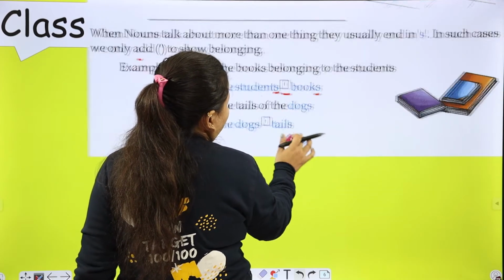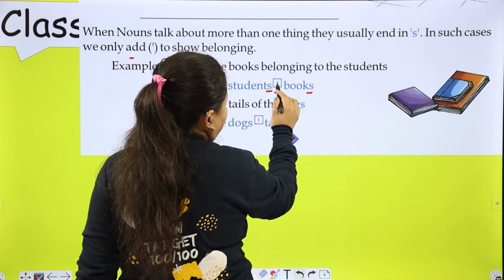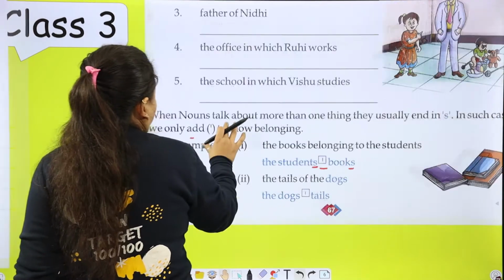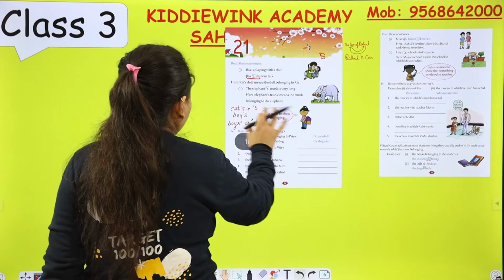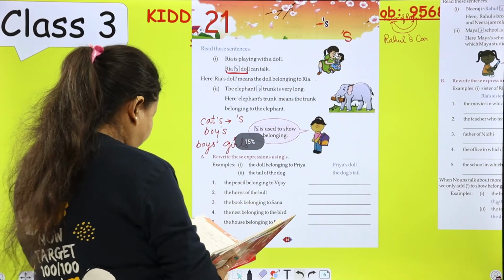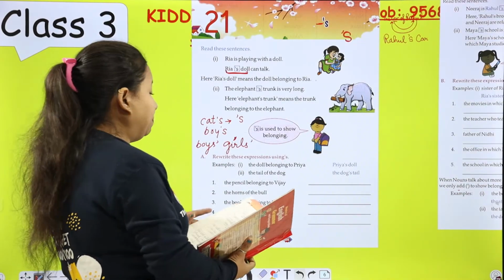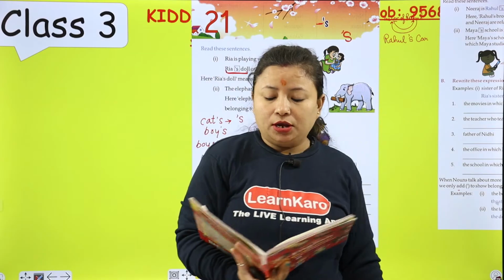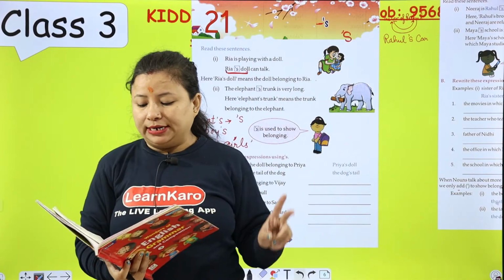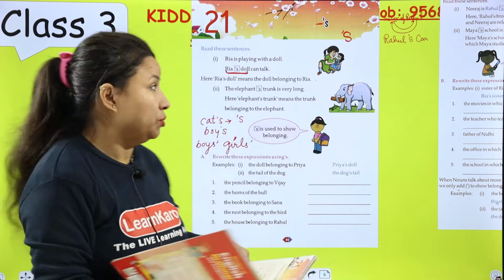So we only use an apostrophe like this. Now, the apostrophe also shows where one or more letters have been taken out.